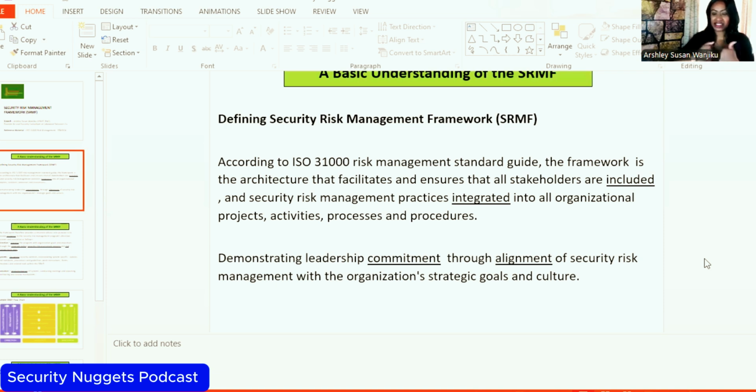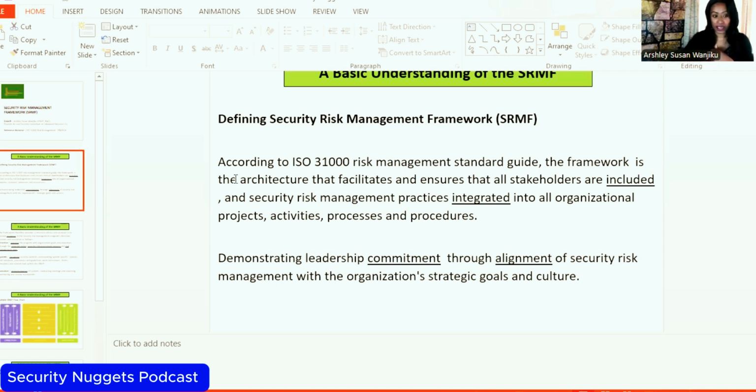What direction is the security risk management program going to take? In establishing the direction, that is where we get alignment. Whatever needs to be aligned is aligned at that point: alignment of organizational goals and objectives, and alignment of the organization's culture. That is where we achieve it.